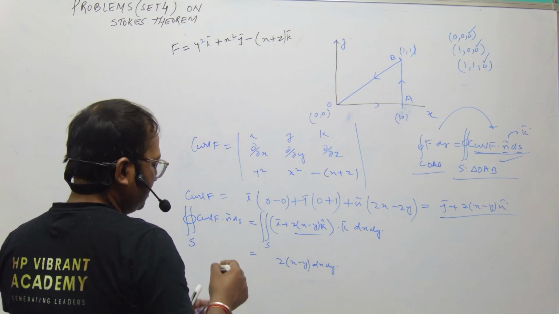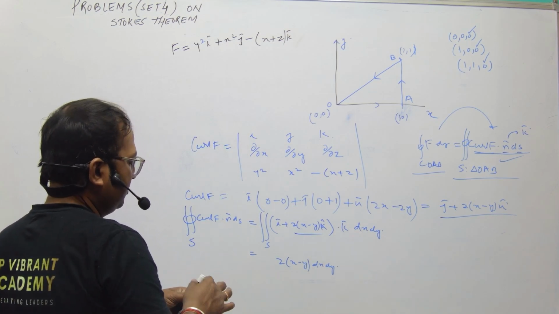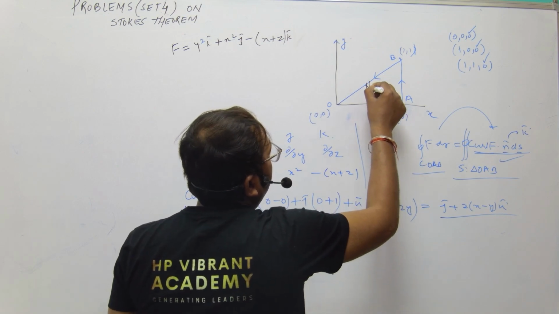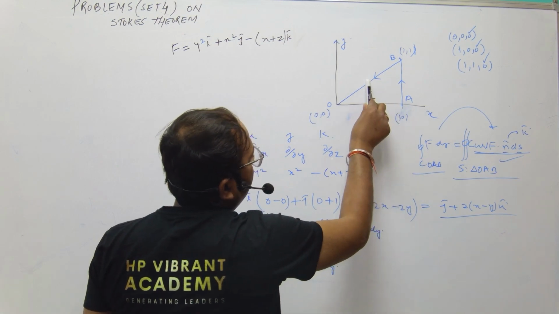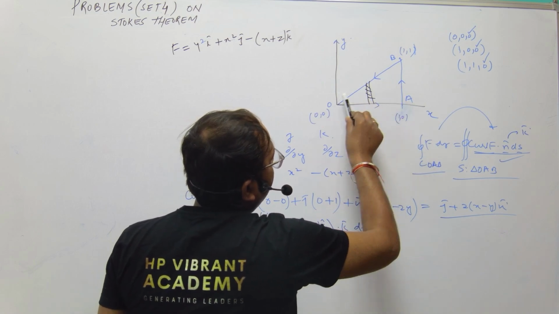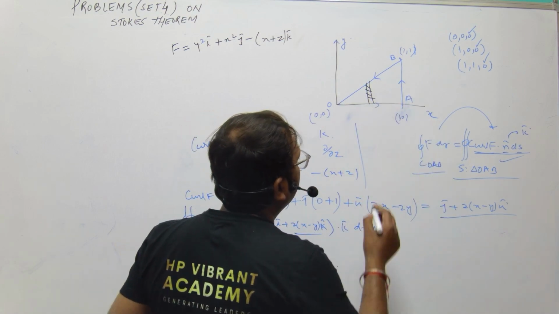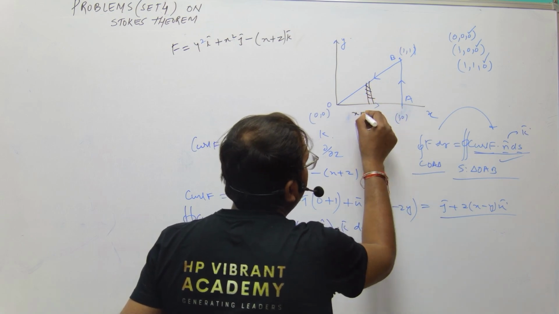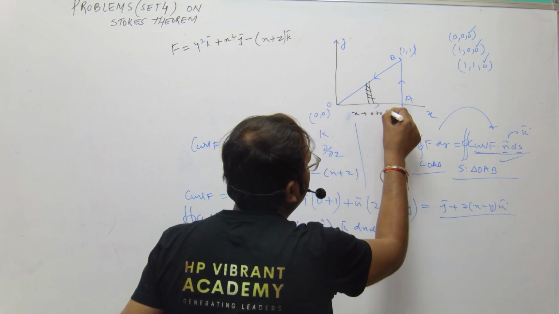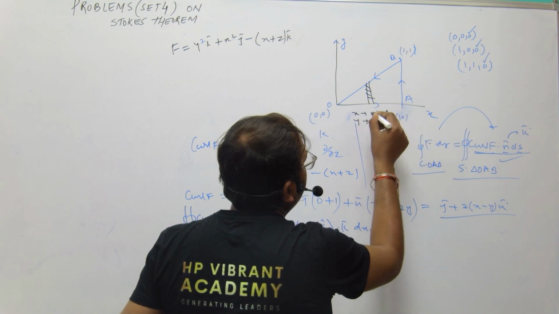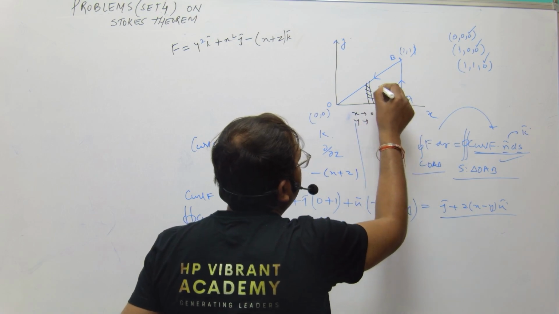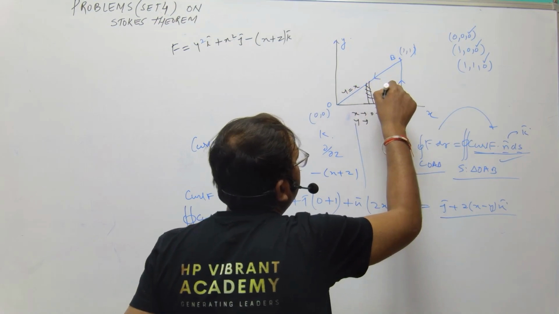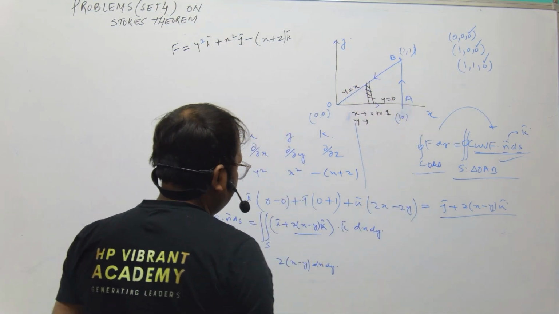Let us take a strip here for integrating this. This strip will move in this particular fashion, so this way it will cover the whole area of the triangle. The x limit is that x varies from 0 to 1, and y varies from y is equal to 0 to the line whose equation is y is equal to x.